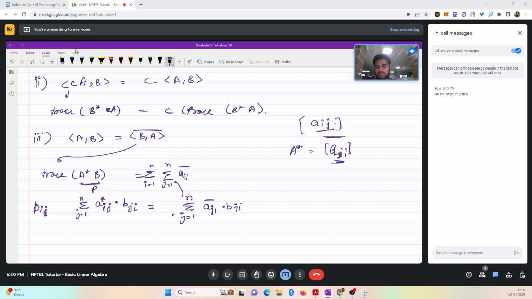So we just want the sum where j is equal to i. Just a second.